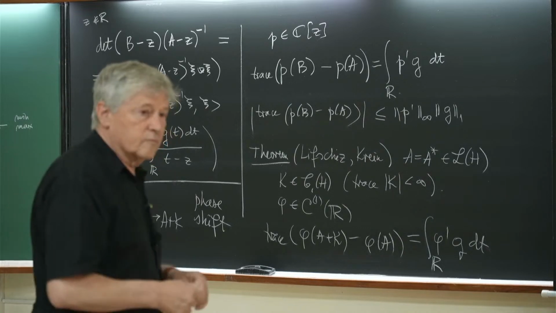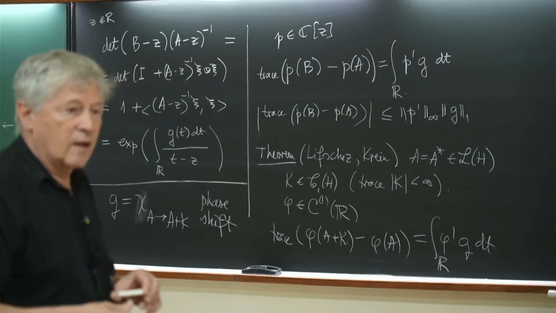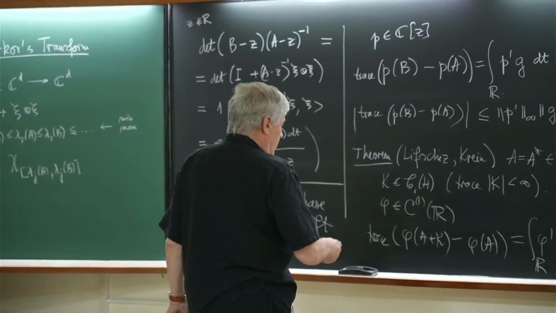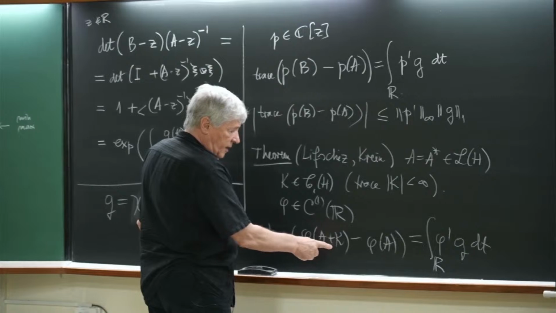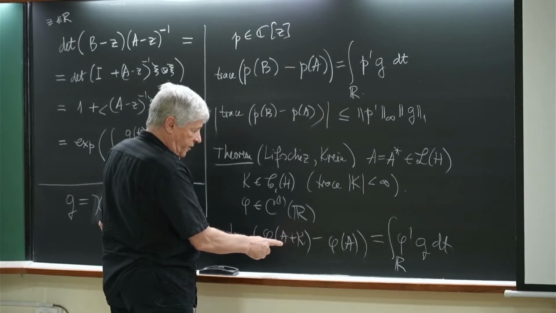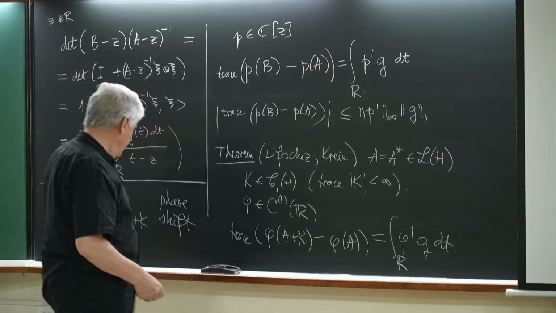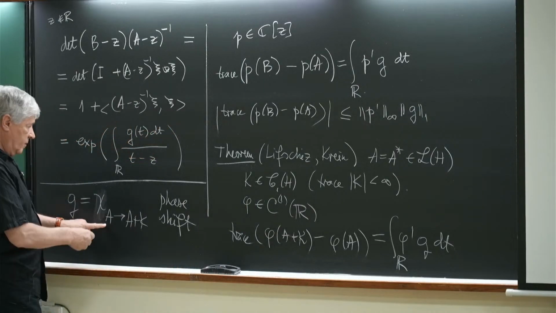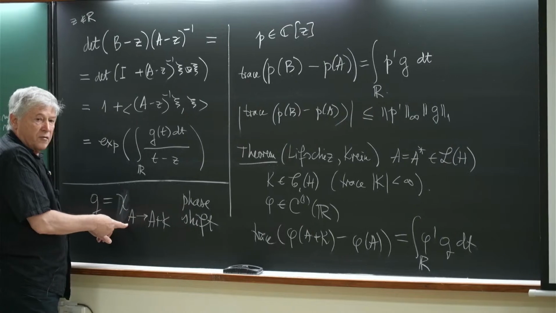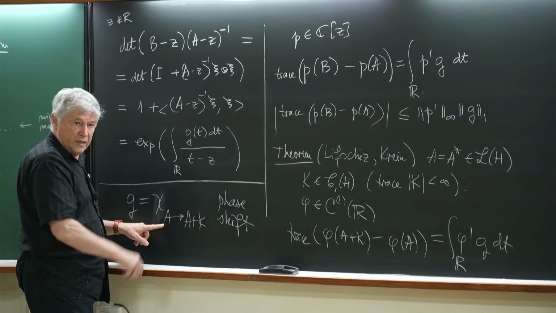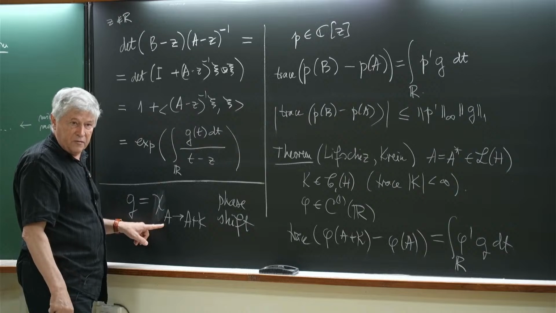So what is that, A goes to A plus K? It is the additive perturbation of A by a trace class operator. That is the definition. This function G, which appears in the formula, is called the phase shift.